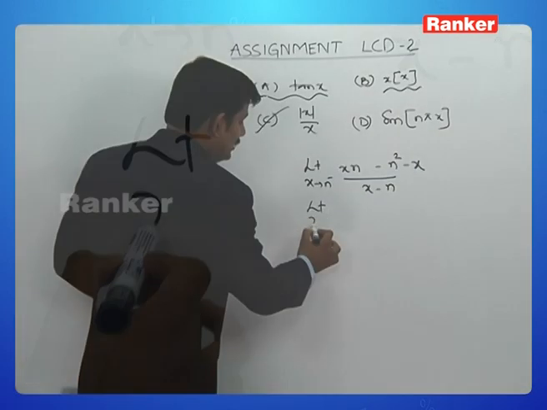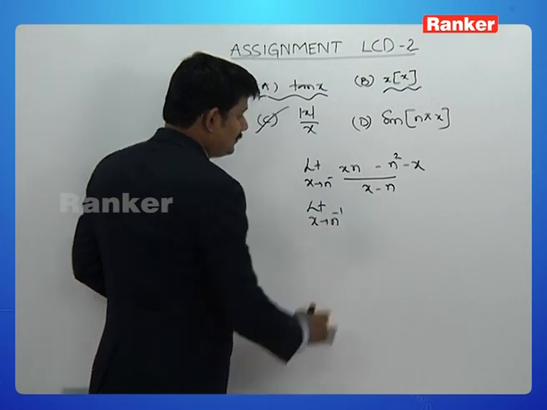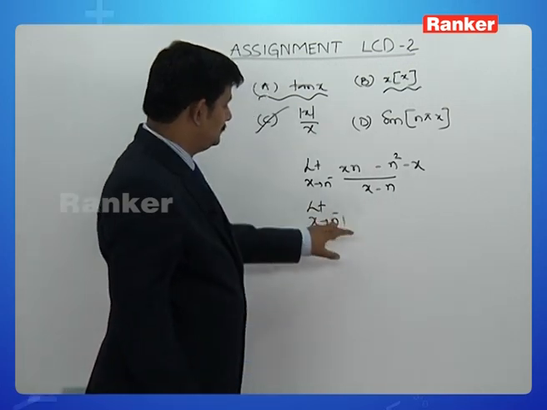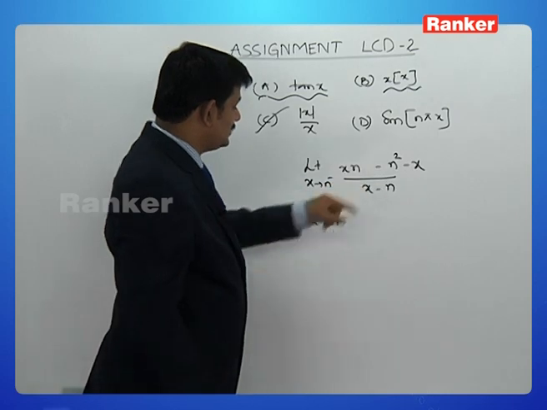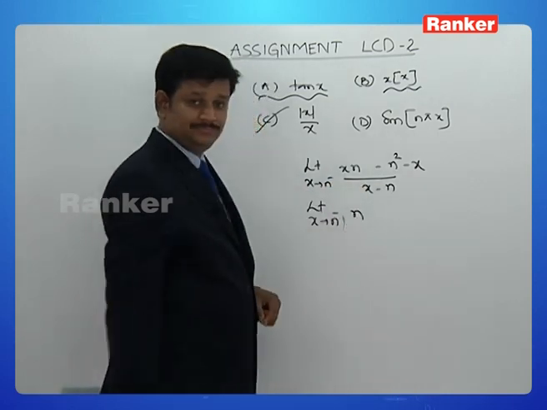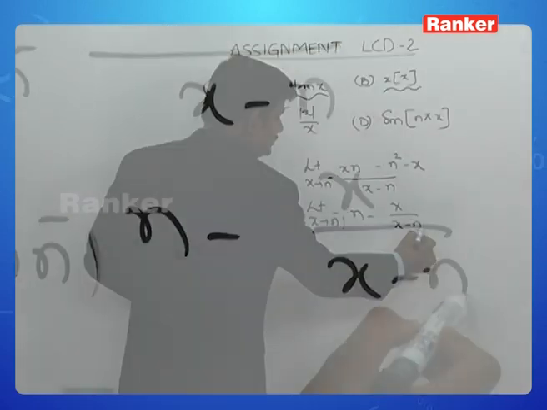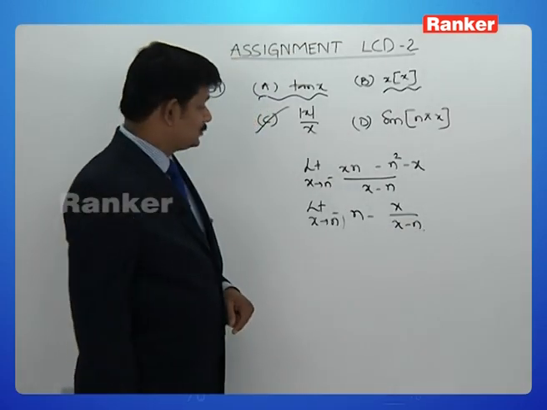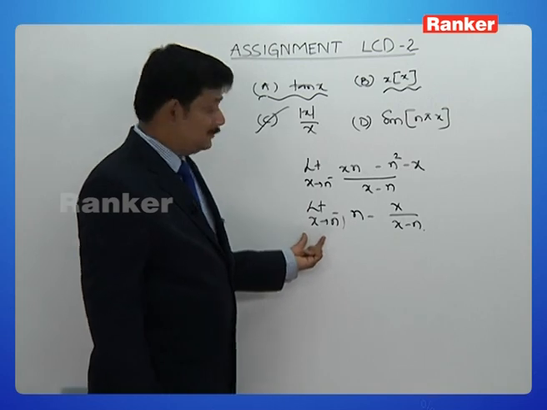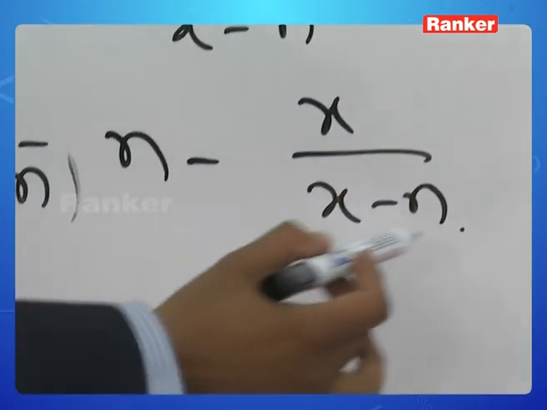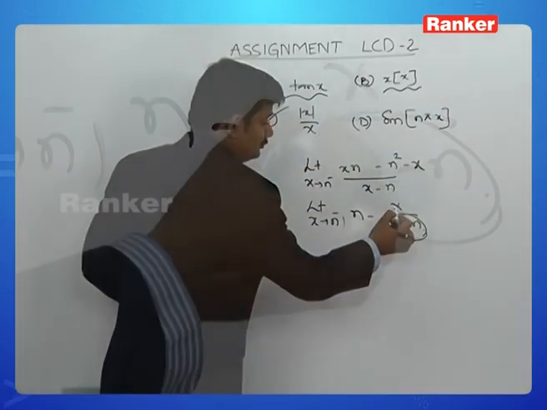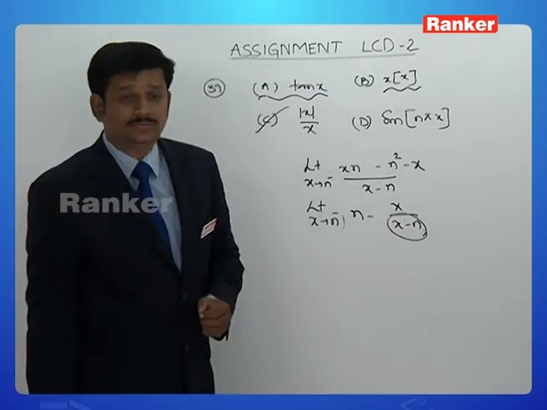This limit is limit x tending to n minus. x minus n gets cancelled. We are left with n minus x by x minus n, times x. As x tends to n, x minus n tends to 0 and numerator is non-zero.